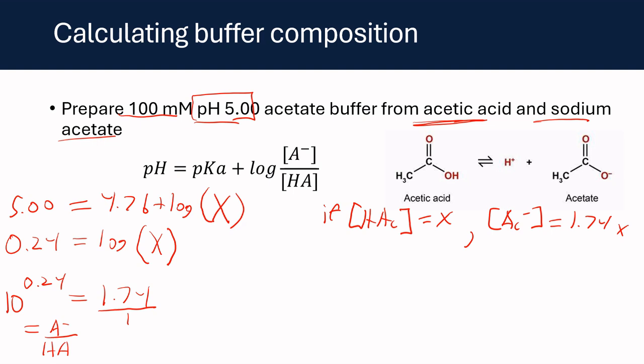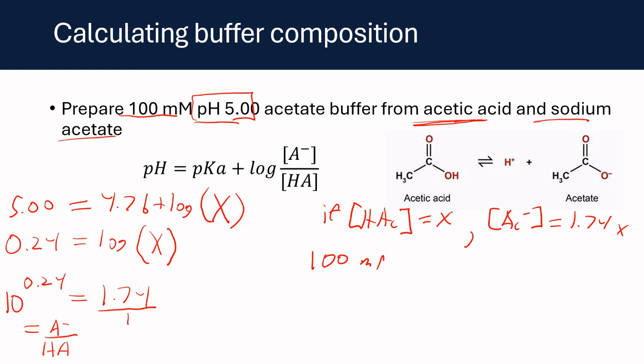Now we can build up a system of equations because we've expressed everything in the terms of one variable, X. Our goal is to make a pH 5 solution that is 100 millimolar of acetic acid and sodium acetate.